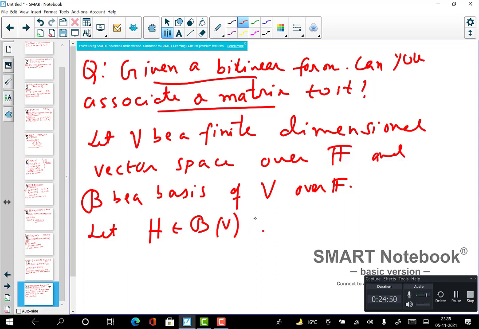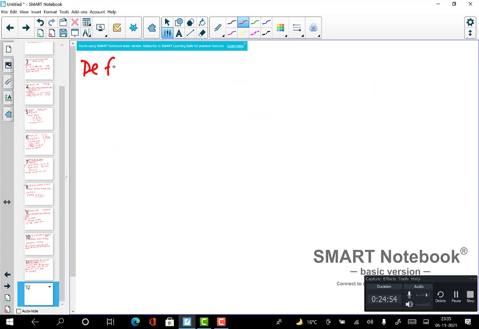Now we define a matrix A, which is A_ij. How do you find the ij entries?